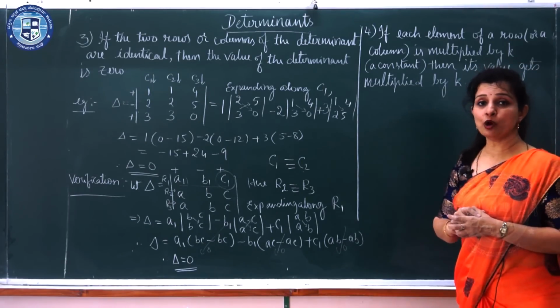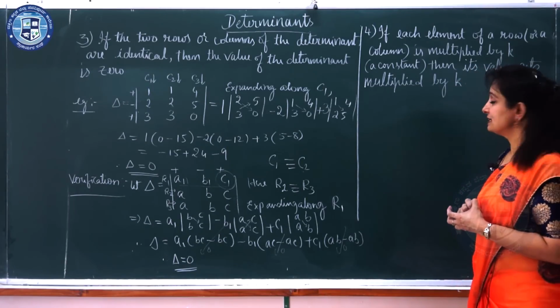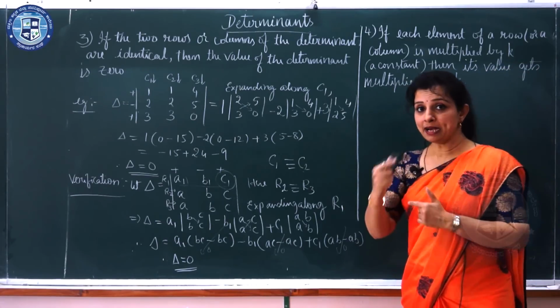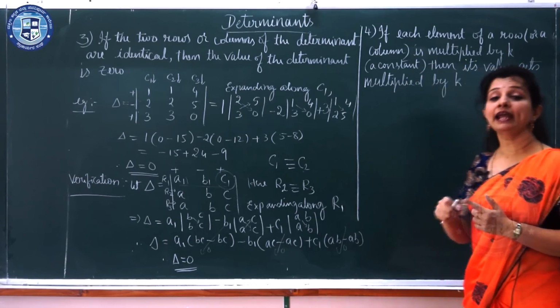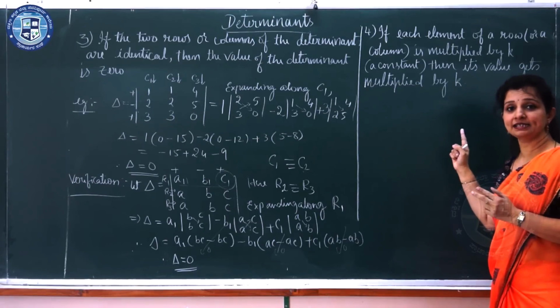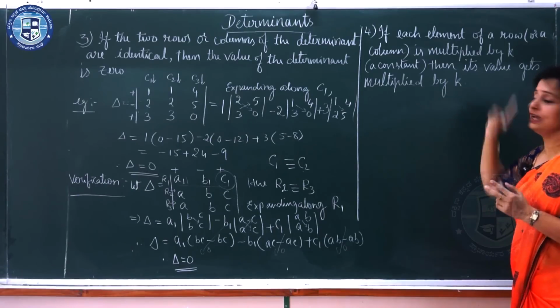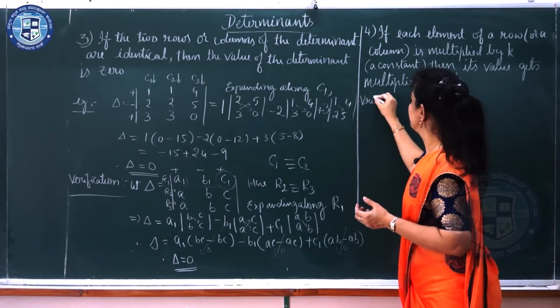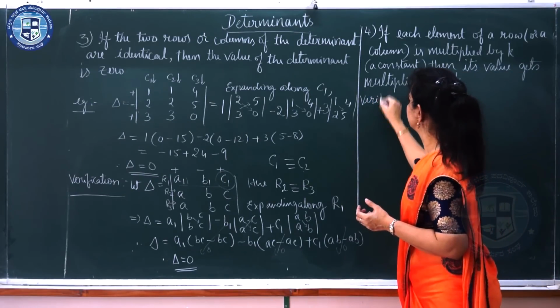It's also a very important property: if each element of any row or column is multiplied by a constant k, then the value of the determinant is multiplied by k. So verification, we will verify, students.